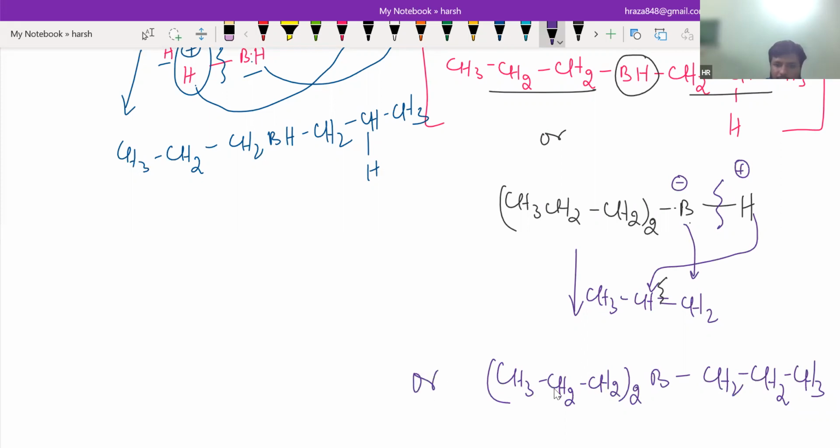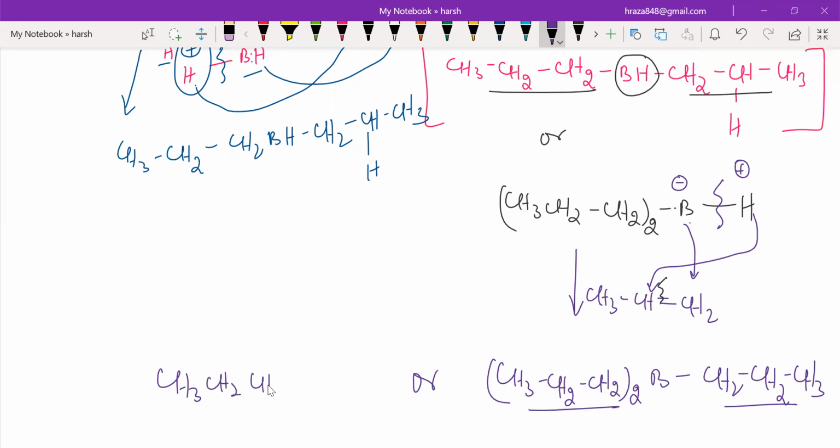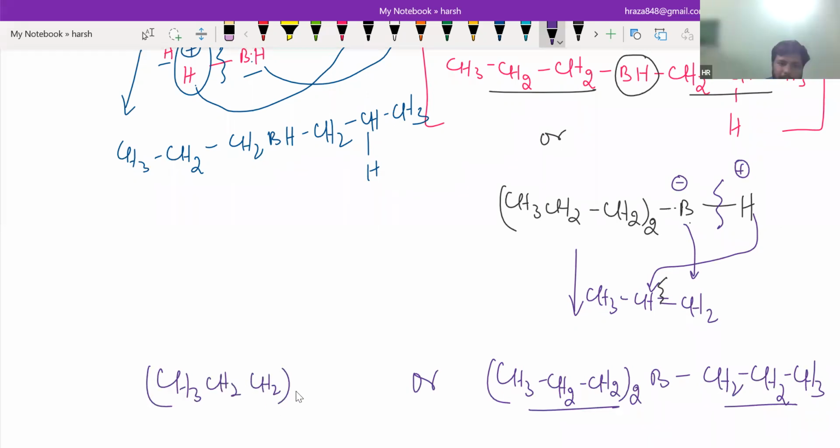So can I write this? This and this are same. So can I write this CH3, CH2, CH2 whole thrice B? So this is the last step. Please write it. There will be another step and we will get alcohol.